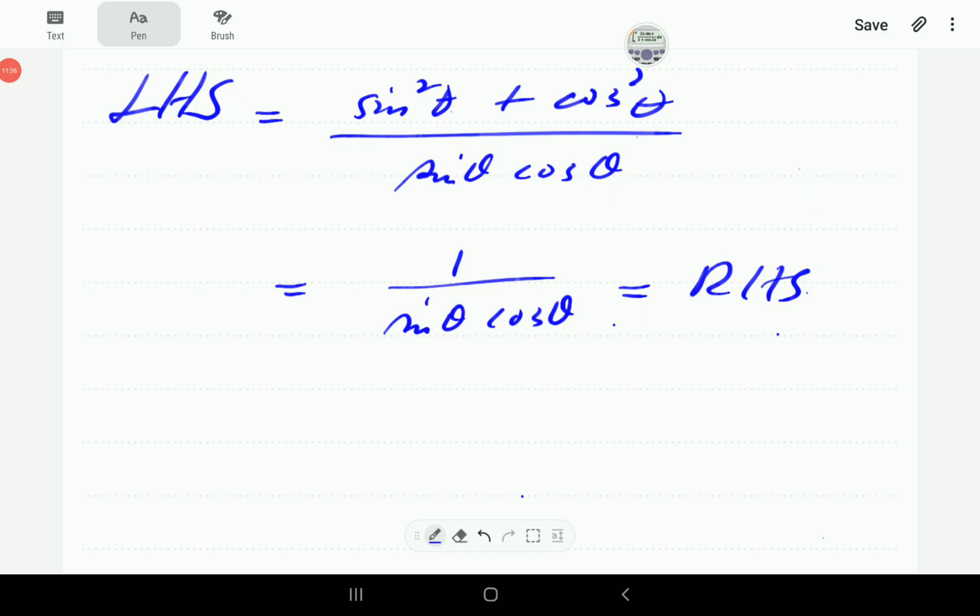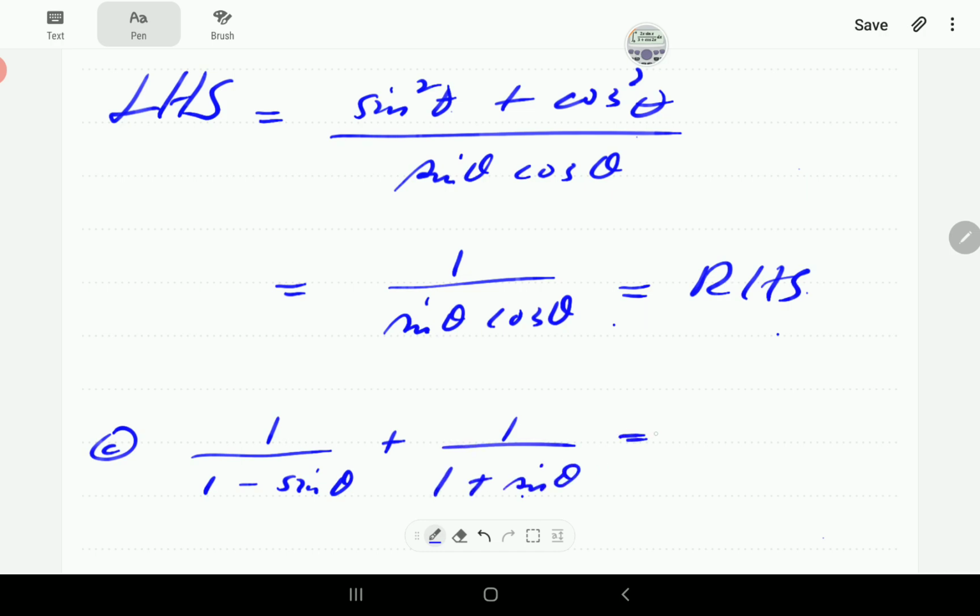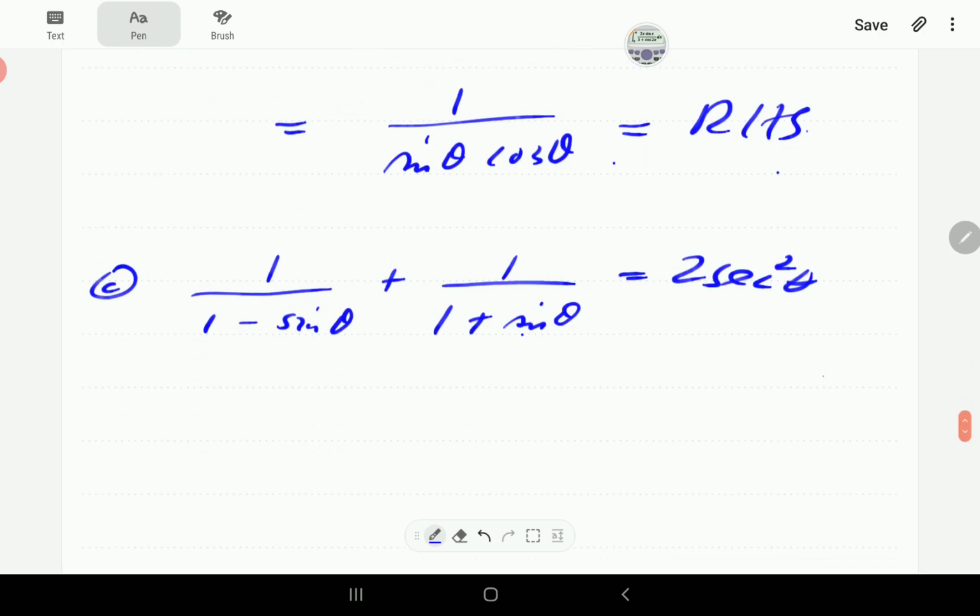One more to go. So in C we have 1 over 1 minus sine theta, plus 1 over 1 plus sine theta, equals 2 secant squared. The left hand side is already in terms of sines only.